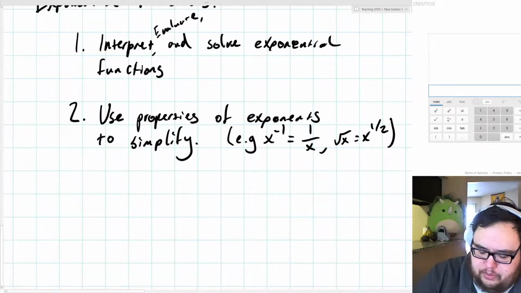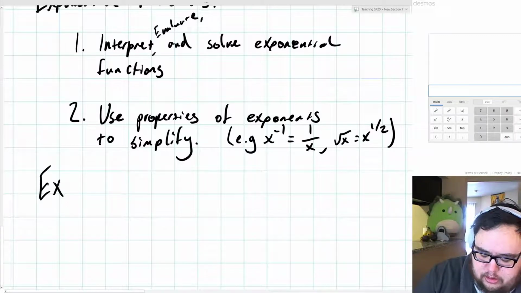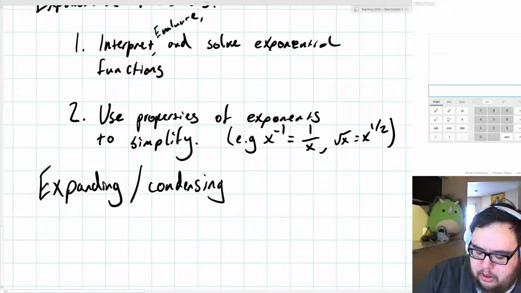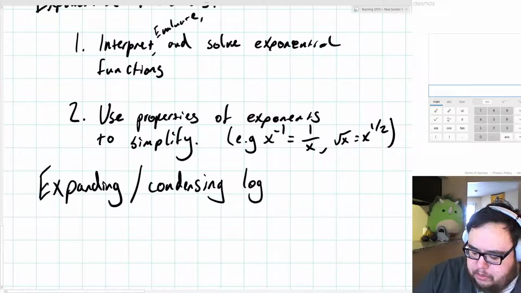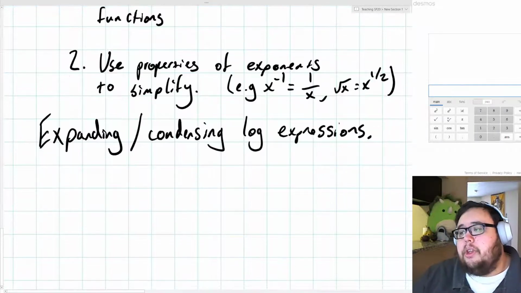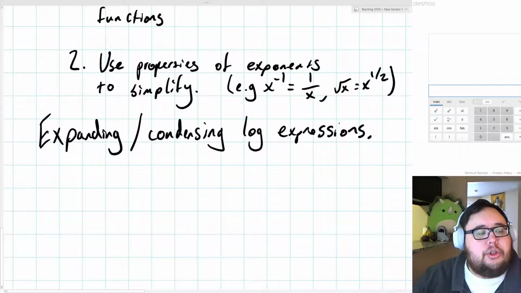All right. So the next thing on the list of topics is expanding and condensing logarithmic expressions. Remember that when expanding a logarithmic expression, you should always end up with more logarithmic terms than you started with.